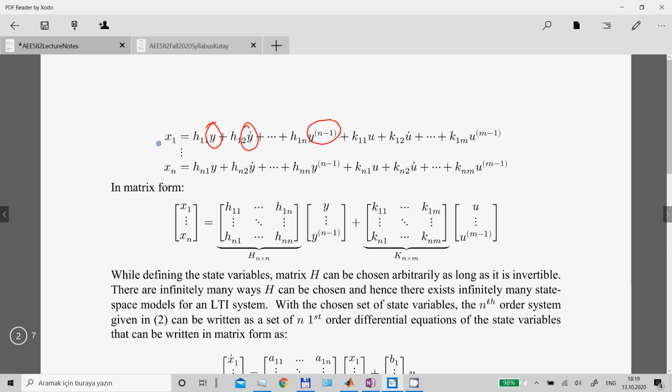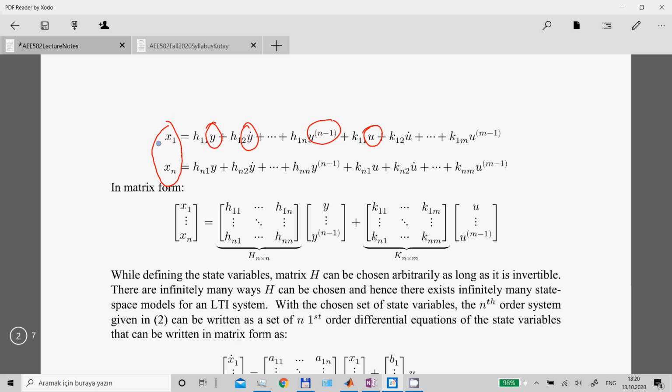Likewise, you need to include the input signal as well if in the original equation the derivatives of the input signal appear. So you define n independent state variables. And you should be familiar with the fact that the state space representation is not unique. In fact, there are infinitely many ways you can write a linear time invariant system in state space form.